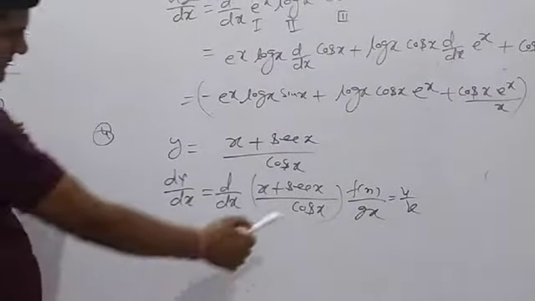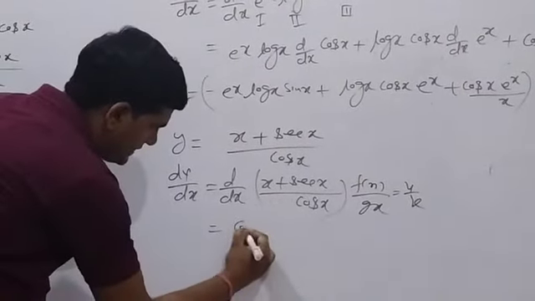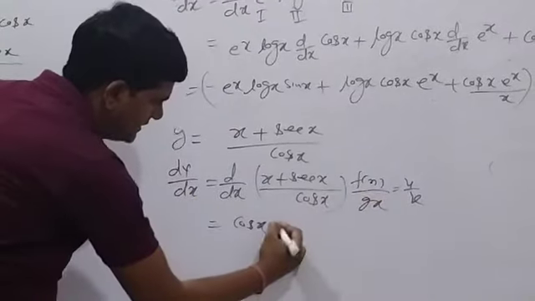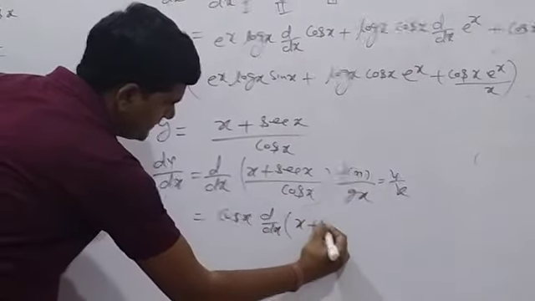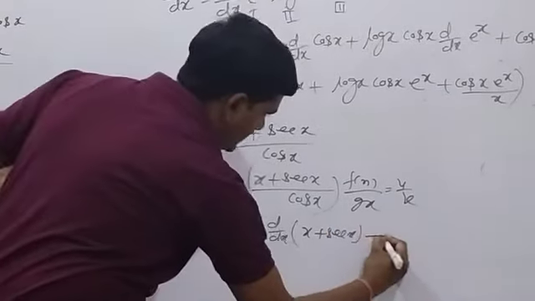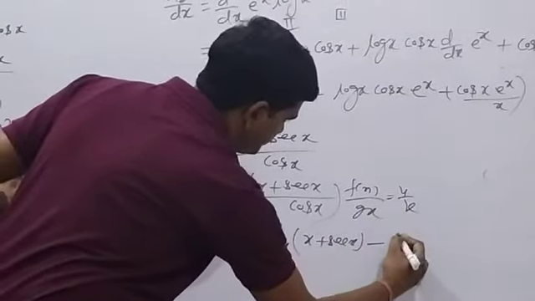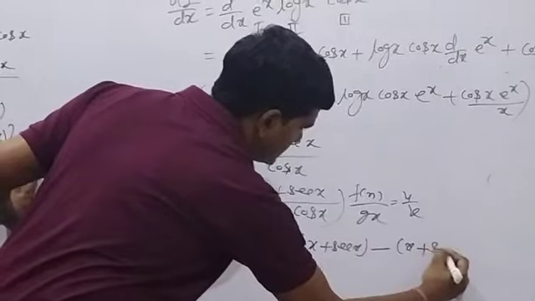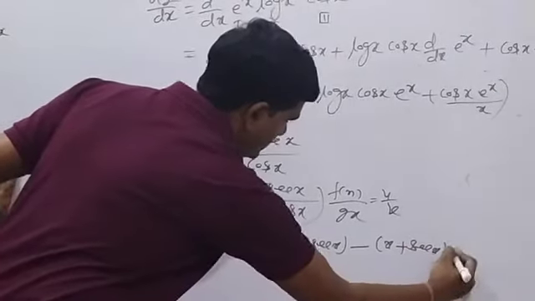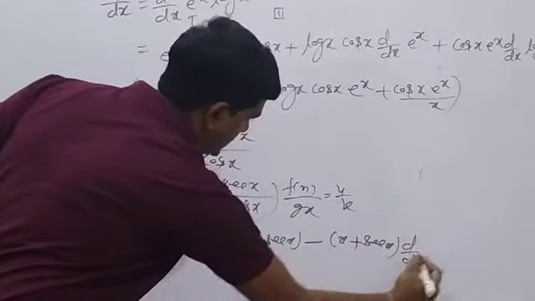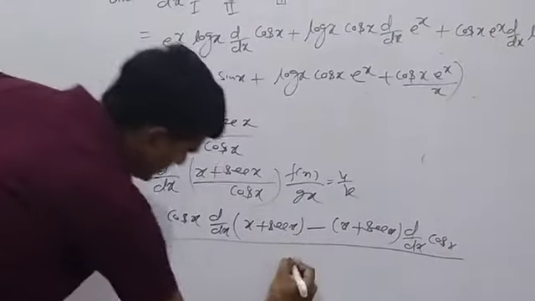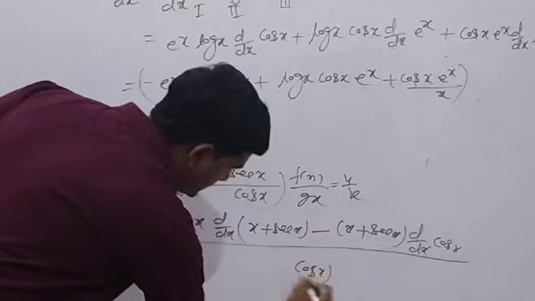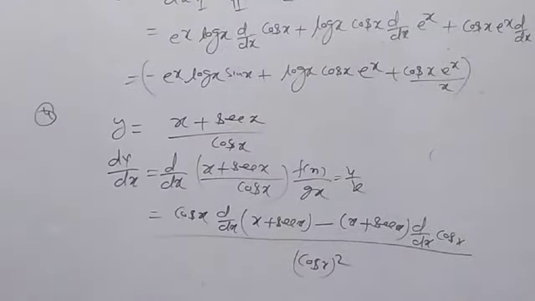Clear? Now, leaving v, differentiation of u, means d by dx of (x plus sec x), minus, leaving u, it means (x plus sec x) into d by dx of cos x, whole upon v squared, cos x whole square.